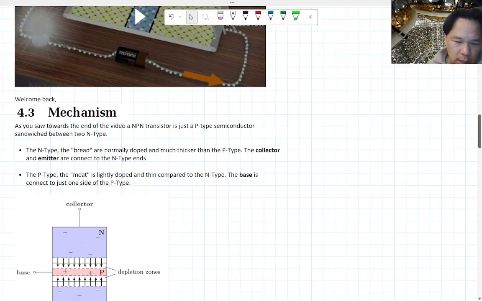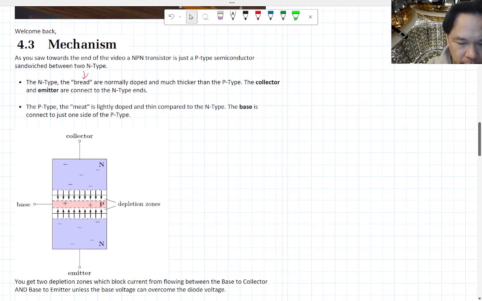As you saw in the video, the PNP transistor is just a p-type semiconductor sandwiched between two n-type. The n-type in this case are the bread, and these are normally doped and much thicker than the p-type transistor. What's connected to it are what's known as the collector and the emitter.